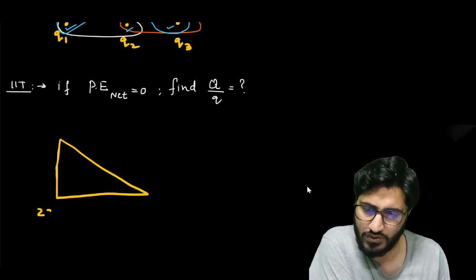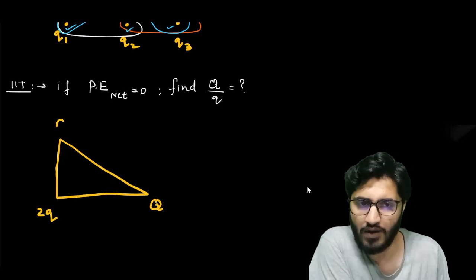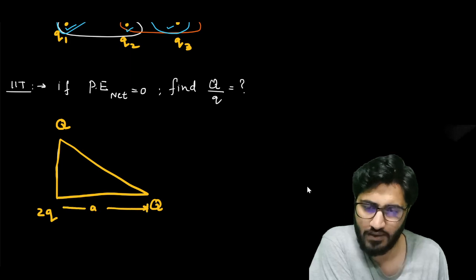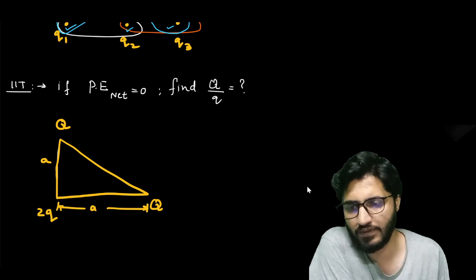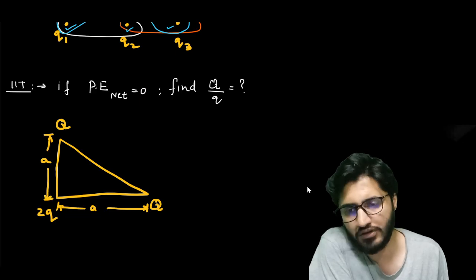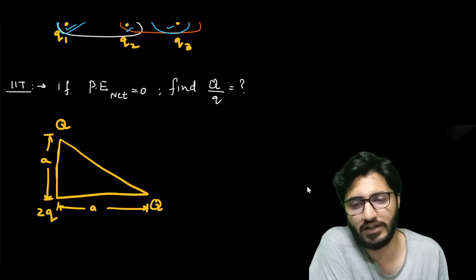Here is my 2Q charge. Here I have plus q charge. Here I have plus q charge. This distance is A. So you can find the third one by Pythagoras theorem: A square plus A square is 2A square, so that is root 2 A.